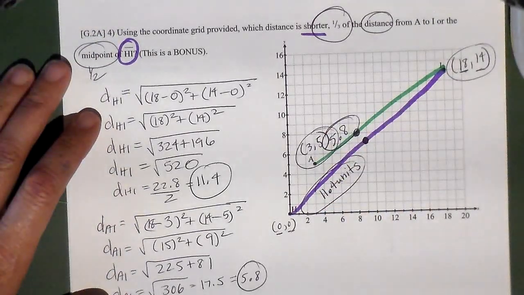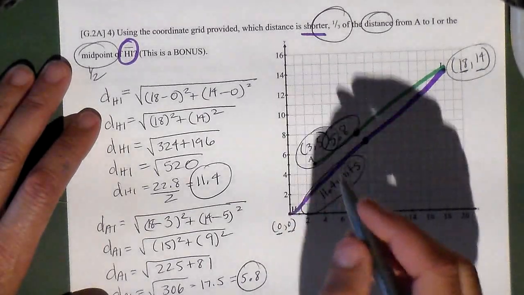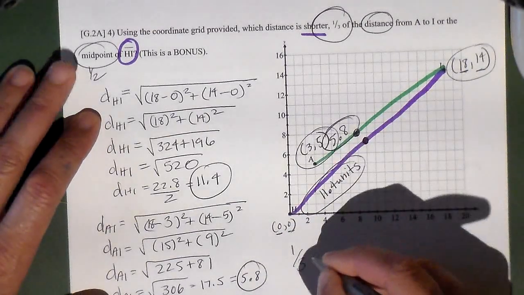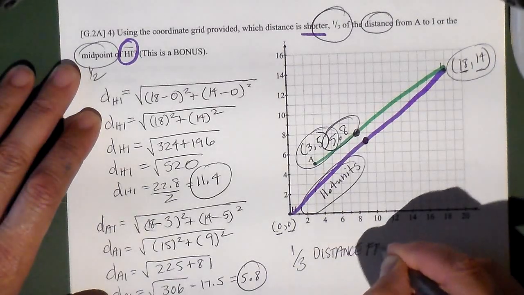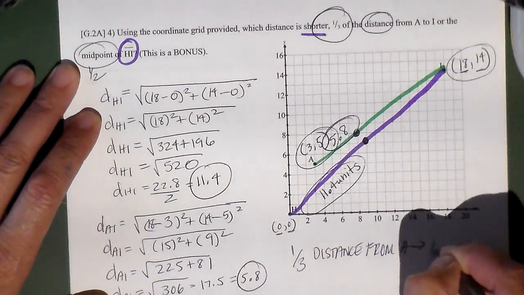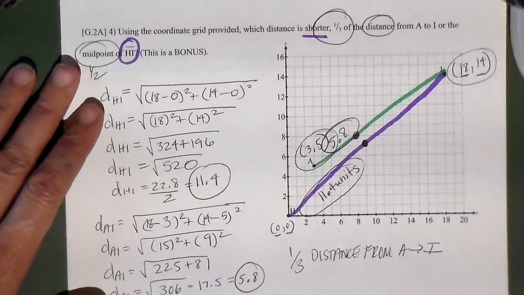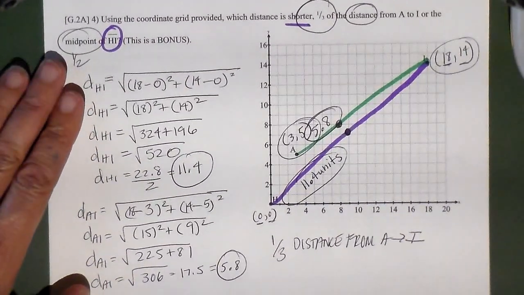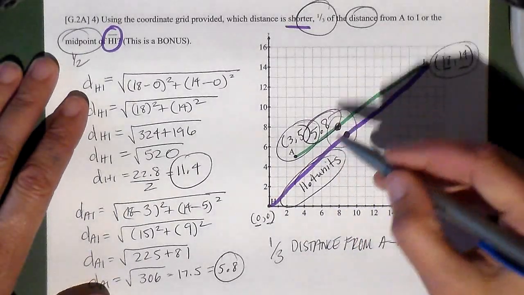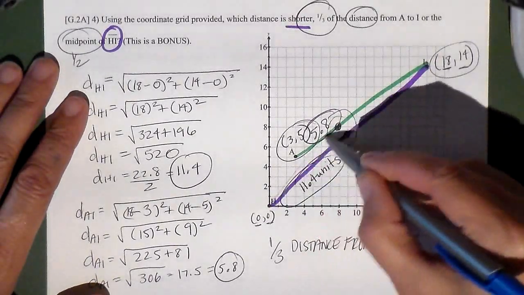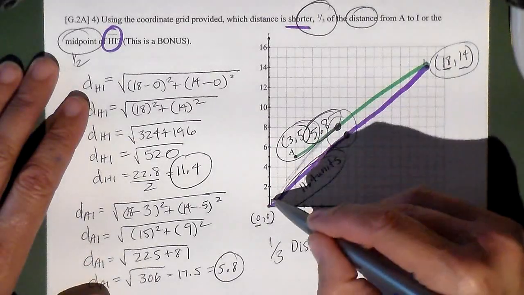So which one is shorter? The shorter one is 1/3 of the distance from 8i. That's the shorter one. Now, it's kind of open to interpretation. I looked at how you did it. Some people found these 2 points, but they thought that it meant find the distance from the origin to here.